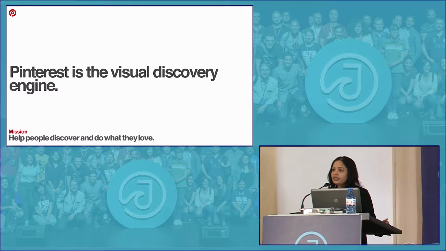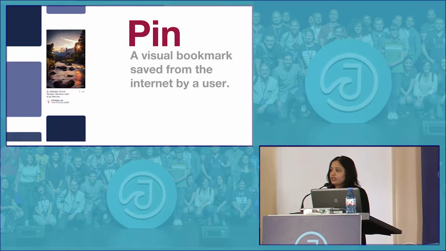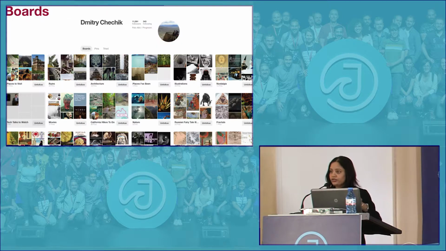Getting a little bit into the nitty-gritty, what is a pin? A pin is a basic unit of content at Pinterest. It is a visual bookmark that the user or the pinner can take from the internet and save on your profile, on your board. So what's a board? A board is a collection of such pins.